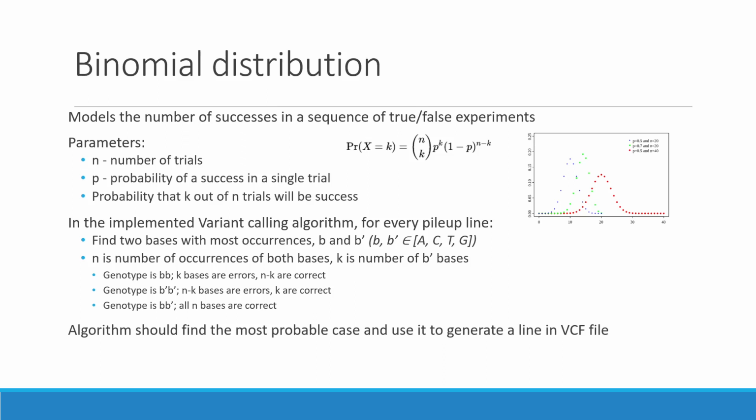For genotype B, there should be k bases that are errors, and n minus k are correct. If genotype is B prime, n minus k bases are errors and k are correct. And if genotype is BB prime, all n bases are correct. The algorithm should find the most probable case and use it to generate a line in the VCF file.